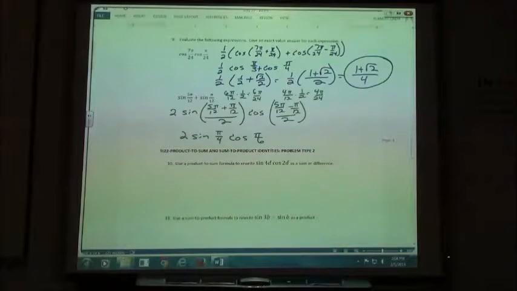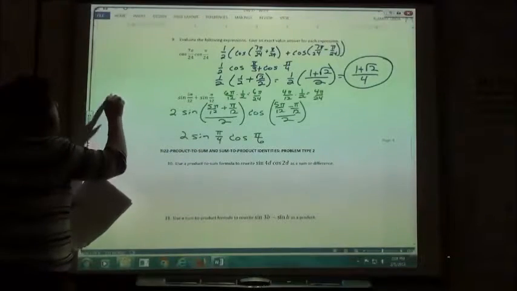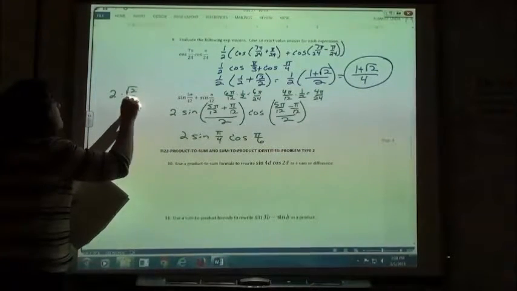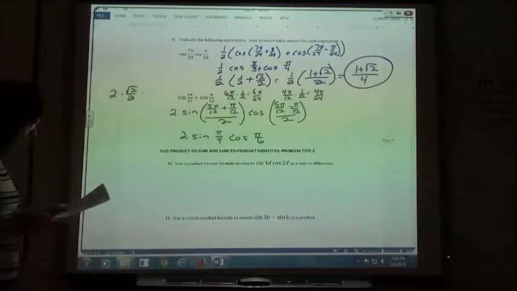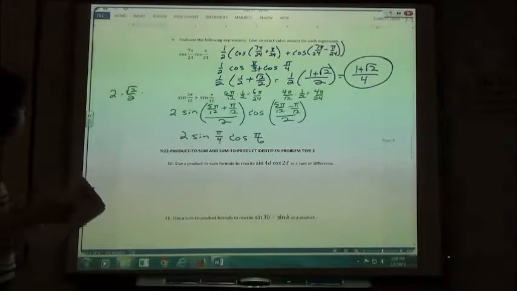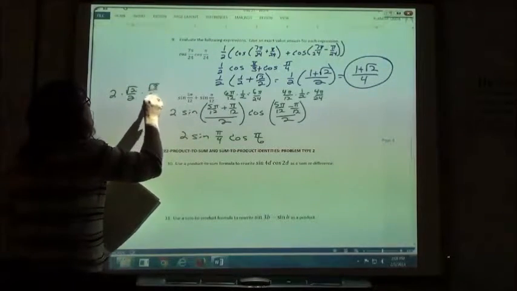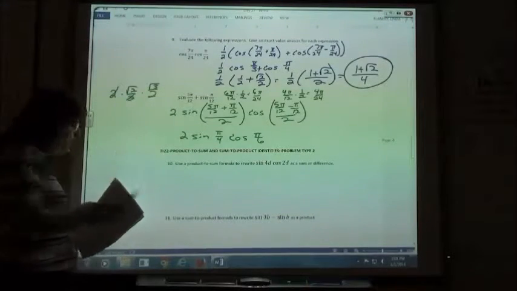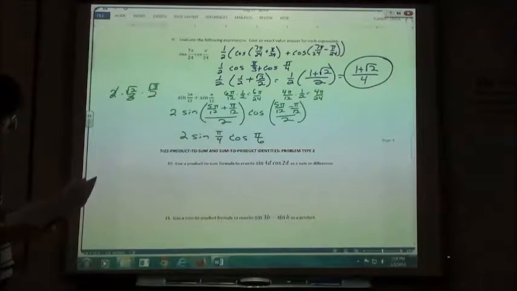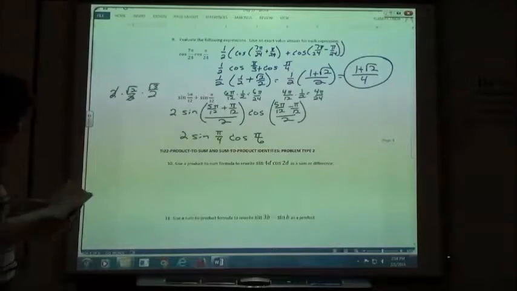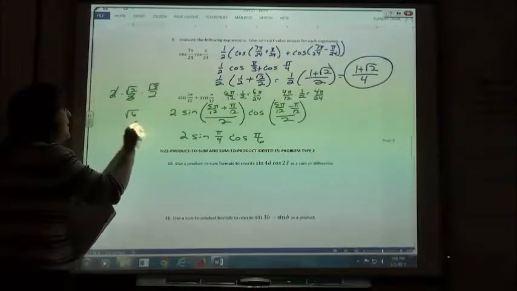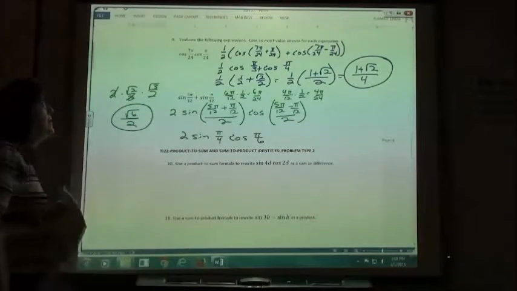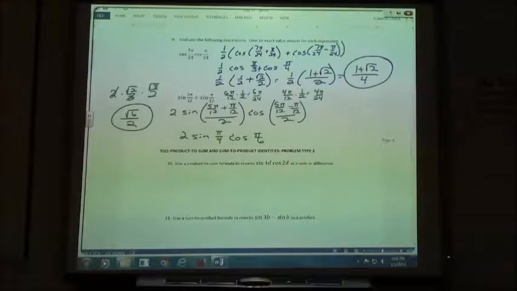Looking up my reference angles, the sine of pi over 4 is square root of 2 over 2, and the cosine of pi over 6 is square root of 3 over 2. That cancels that out. Square root of 2 times the square root of 3 would be the square root of 6 over 2. And again, I can't simplify that. That's just going to be my answer.